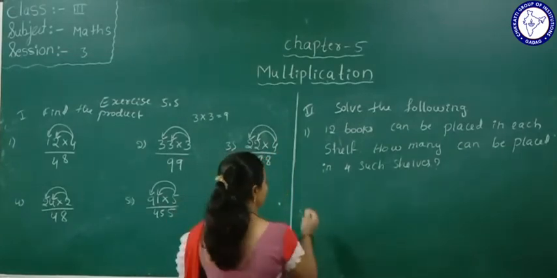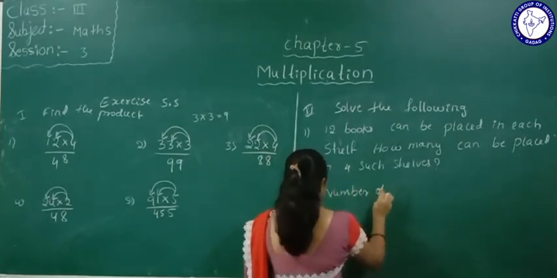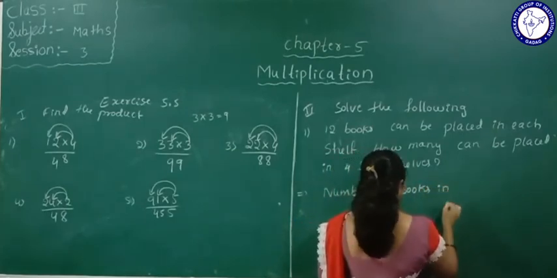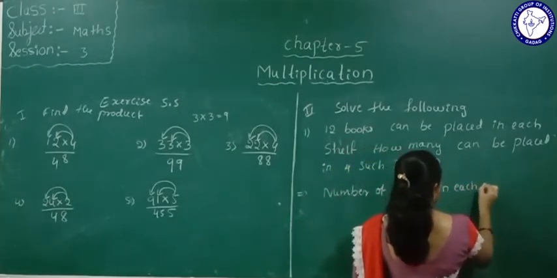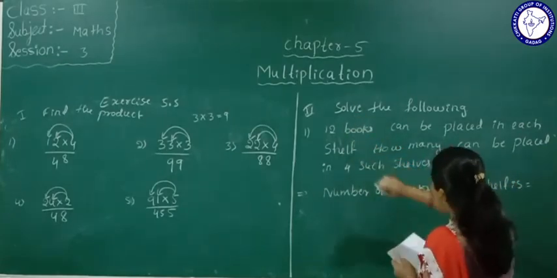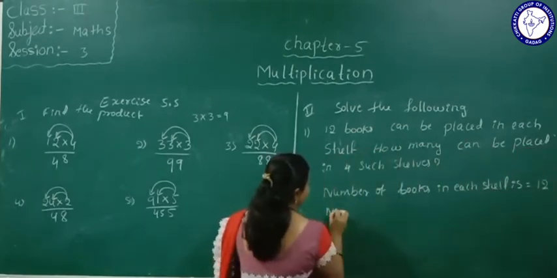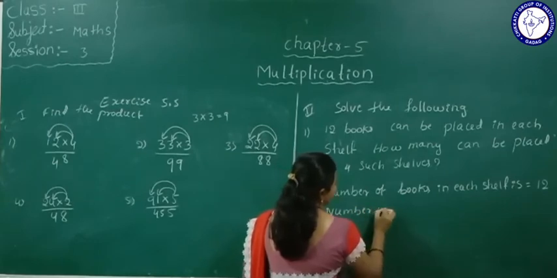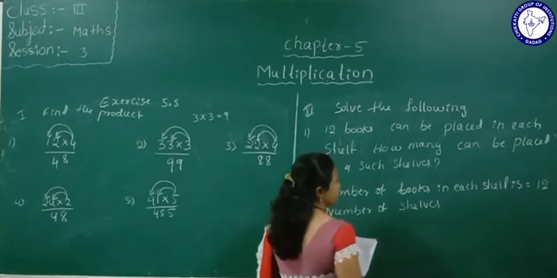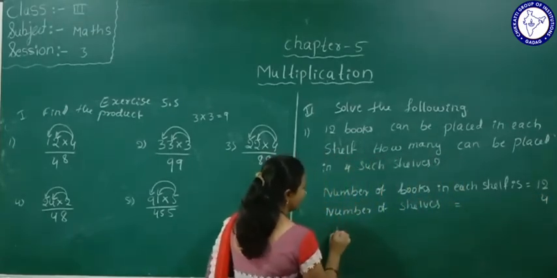So here I'll write: number of books in each shelf is 12. And number of shelves, how many shelves are there here? Number of shelves equal to 4.